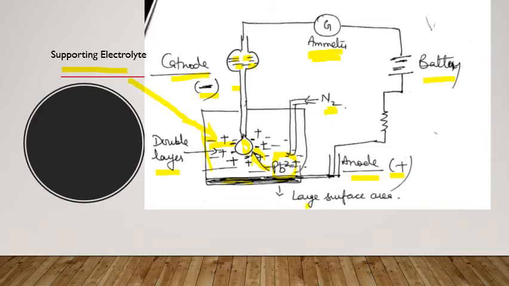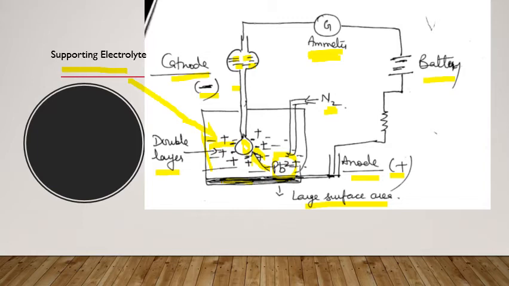And this large surface area indicates the anode here, and this is a very small surface of the cathode. So the process goes like that. We fix the two electrodes, which are connected to the battery. Here an ammeter is fixed, which measures the current.